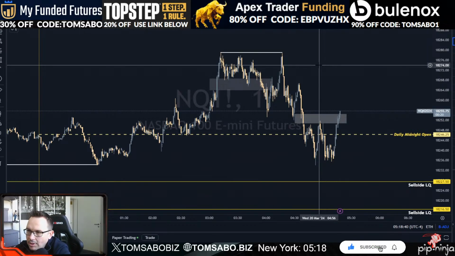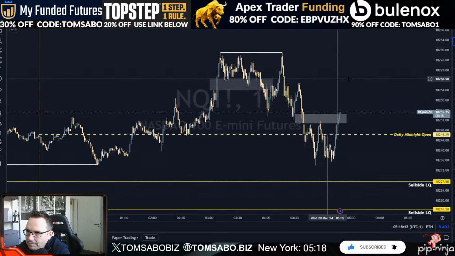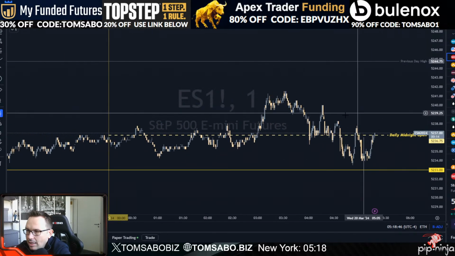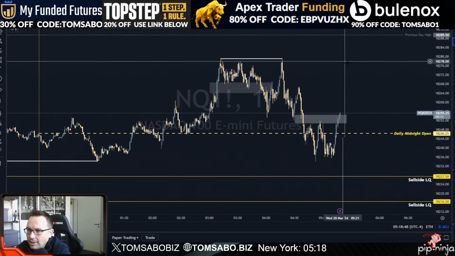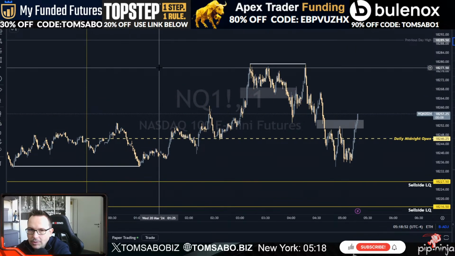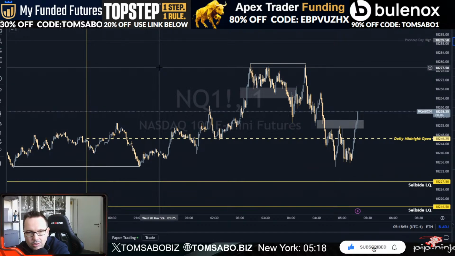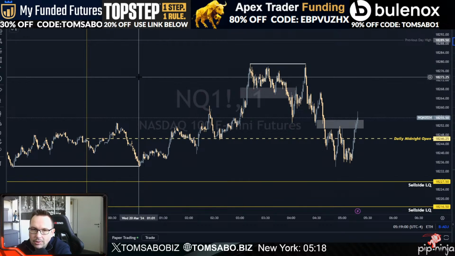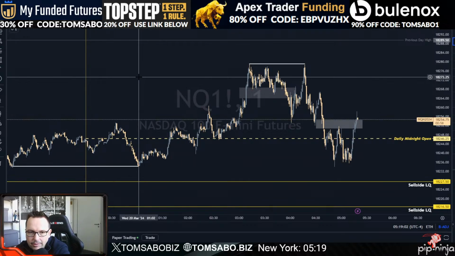It's only 10 points, this swing high here. And if ES wants to go higher, then they are going to push it again to those highs. If they take this high, then we might go for a new high for the day.